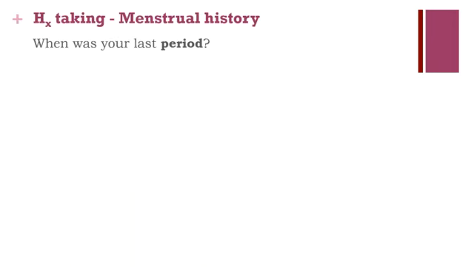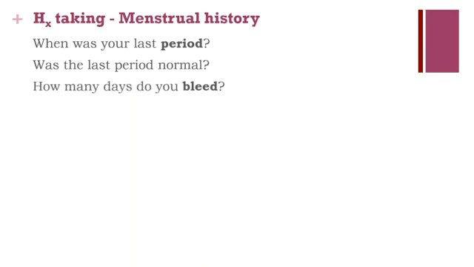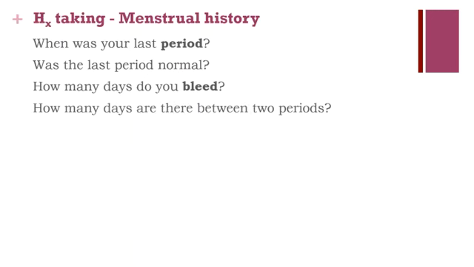Questions like, when was your last period? Was the last period normal? How many days do you bleed? How many days are there between your periods? Are your periods regular?